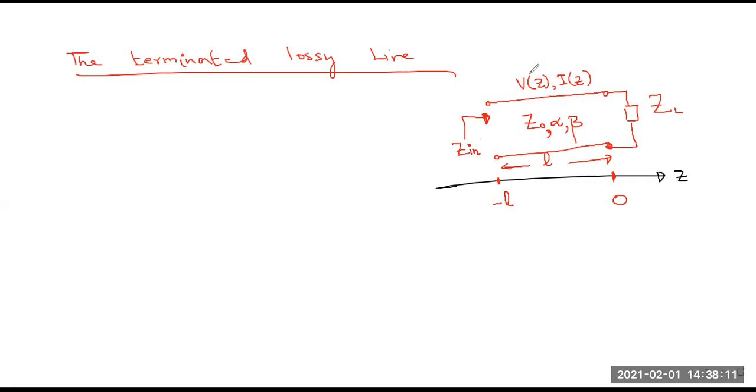Now, what will be the expression for voltage and current? We already derived this concept before. Voltage is going to be represented like this: V naught plus e power minus gamma z, plus the reflection coefficient at the load times e power plus gamma z.